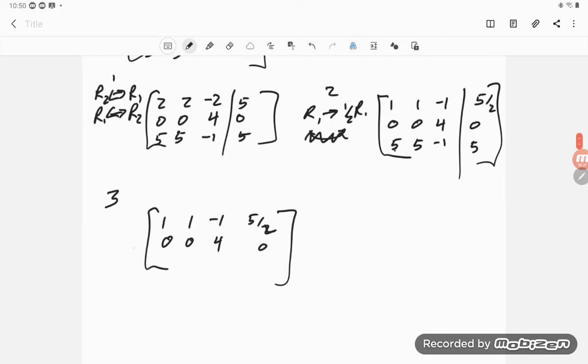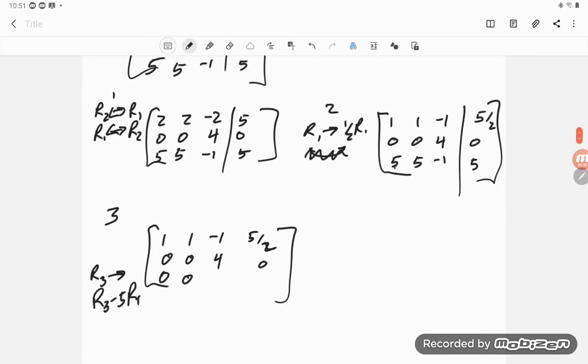And then here, instead of row 3, we're going to take row 3 minus 5 row 1. And with that, we get 5 minus 5, which is 0. Another 5 minus 5, which is 0. That's kind of convenient.